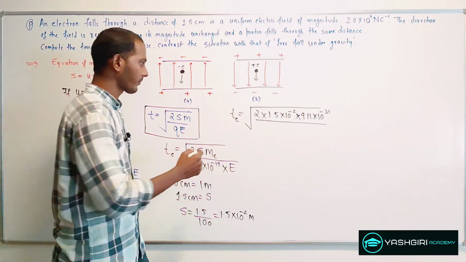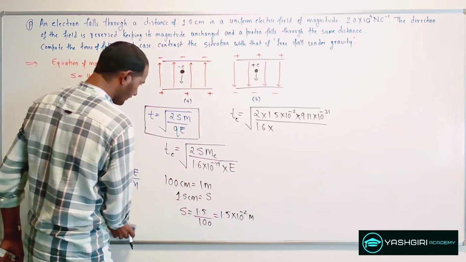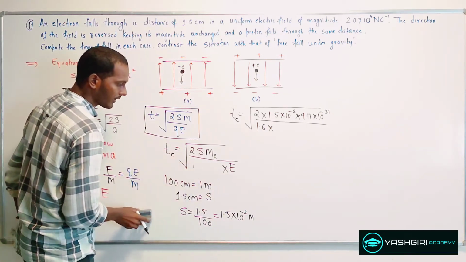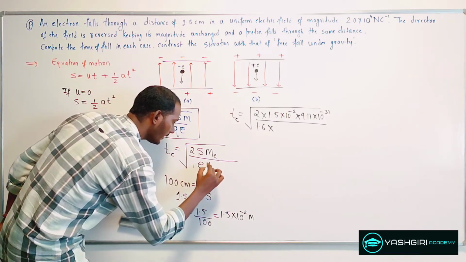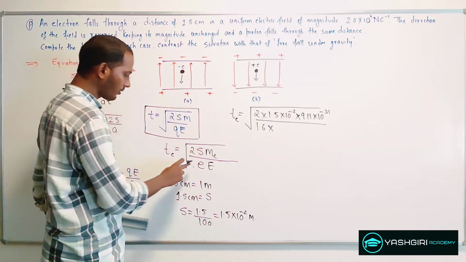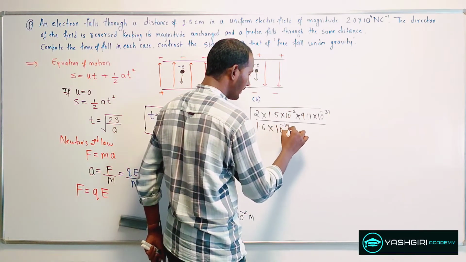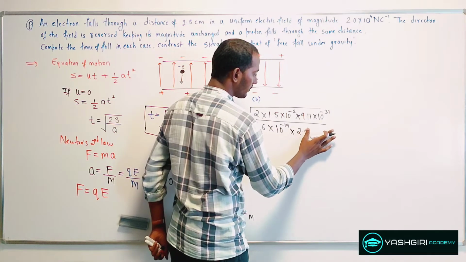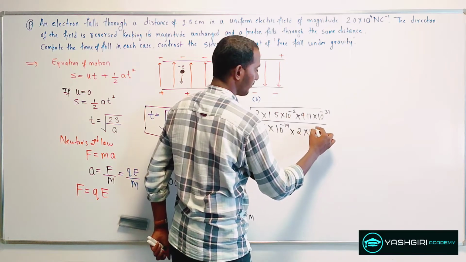So here charge, what we know, let me say a charge Q is your e times the e. I'm just taking the magnitude, the charge available on this electron. So e is nothing but 1.6 into 10 to the power minus 19 into the magnitude of your electric field, that is 2 into 10 to the power 4.